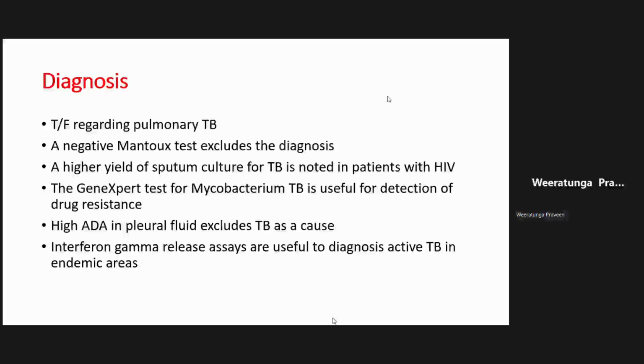It is useless in endemic areas, where it is positive. In non-endemic areas it is a bit useful. But remember, both the Mantoux and the IGRA, the interferon gamma release assay, just check the response to TB, just check past infection. Past infection, nothing else.